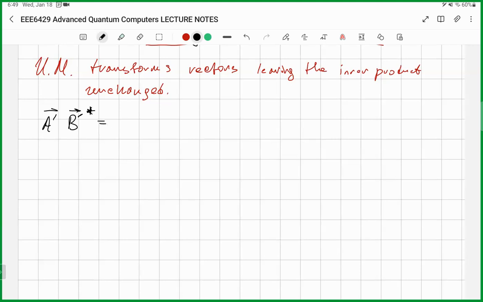We can express this as a sum of corresponding components of vector A and vector B complex conjugated. The sum runs over this index I here.